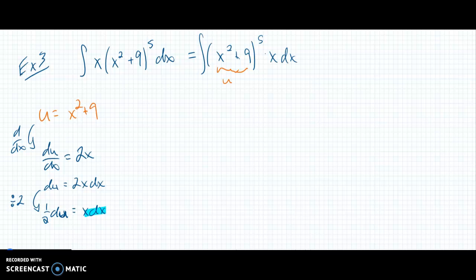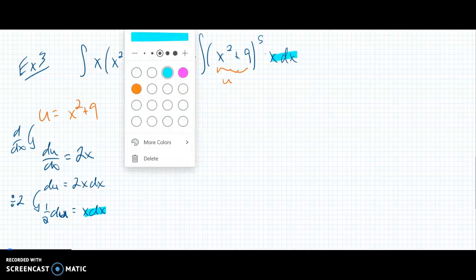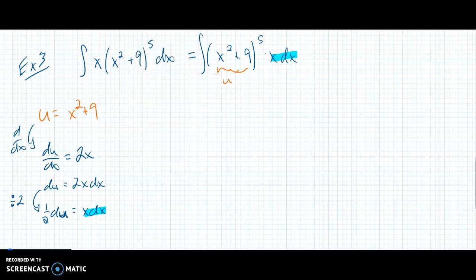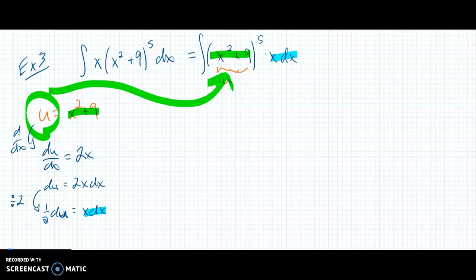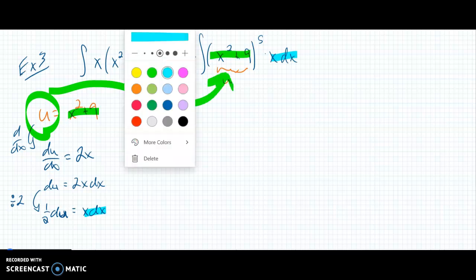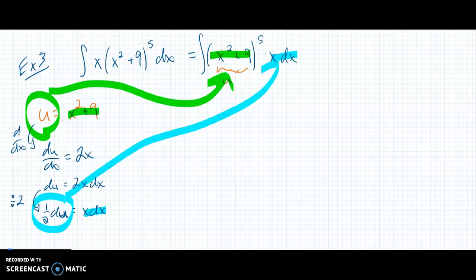Now, this can replace that, and this can replace that. So I'm going to get this in here, and I'm going to get a half du in right there. And then I'm going to get the integral of u to the fifth times 1/2 du.